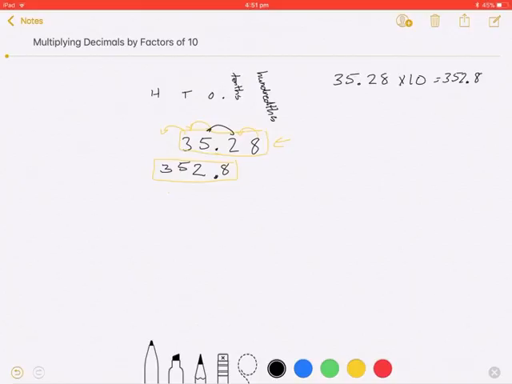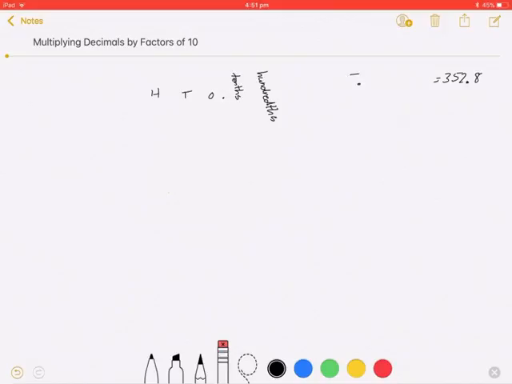What if I want to make a number smaller? So this time we'll start with a number that I want to make smaller. So if I have 48 and 2 tenths, and I want to make that 10 times smaller, which means I'm going to do 48 and 2 tenths divided by 10. And instead of shoving it over to your left, you're going to shove it over to your right.